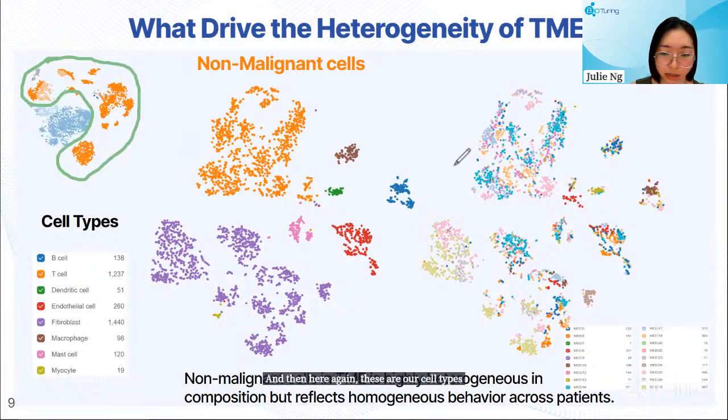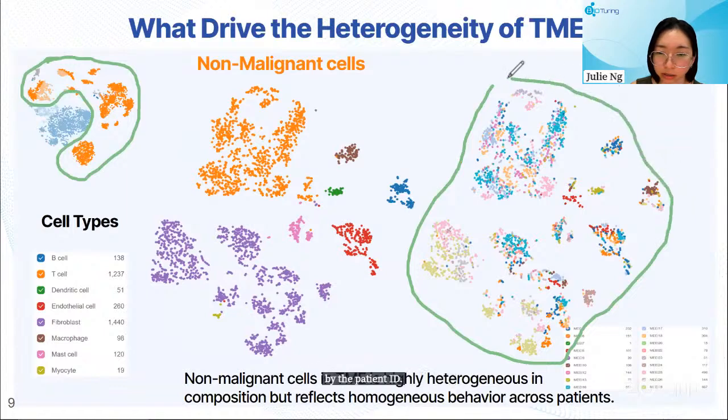When we color our cluster by the patient ID, we can see there's not much of a pattern, really. We see a pretty random distribution of our patients into each cluster. So this means that all of these patients have a somewhat equal distribution of these cell types. This may mean that these non-malignant cells may not necessarily be what's driving cancer progression between these patients.